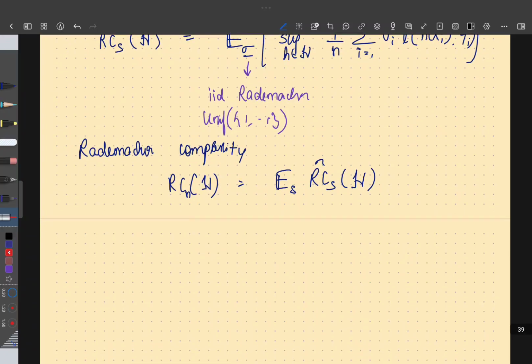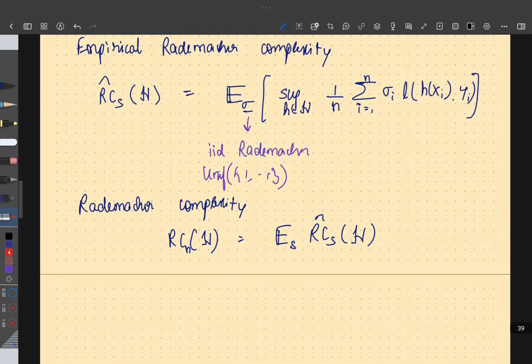On h star it will become 0? Not necessarily, right? Why? Because it's able to have h exactly equal to y. So if there exists an h star that achieves zero loss, then what you say is true.